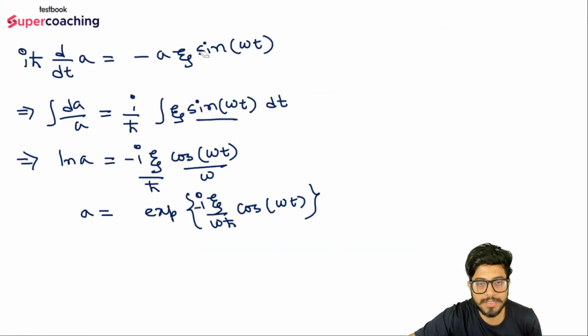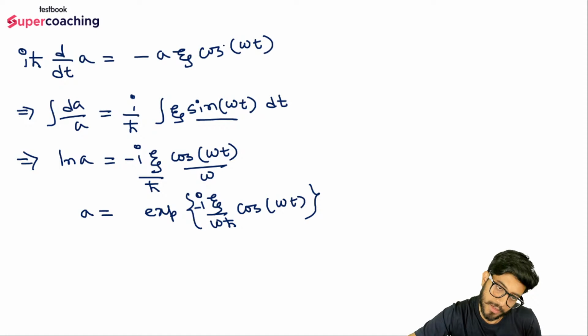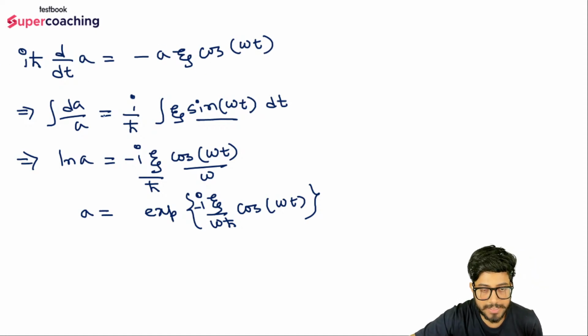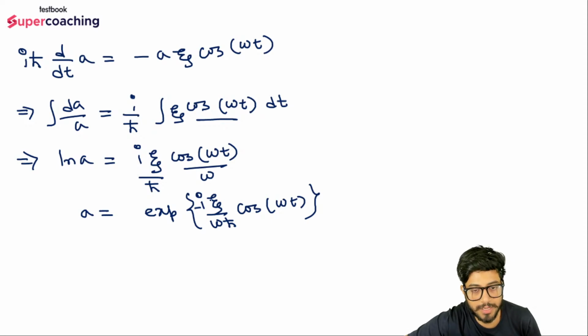And here also it's cos. So if it's cos omega t, after the integration there won't be any negative sign. So my i into i minus i by x will be positive. After the integration, it will remain positive. So i zeta by h cut into cos omega t by omega. So this will be positive.